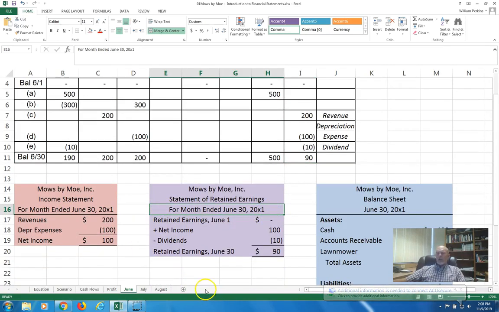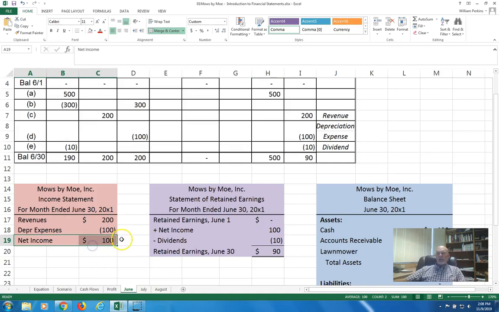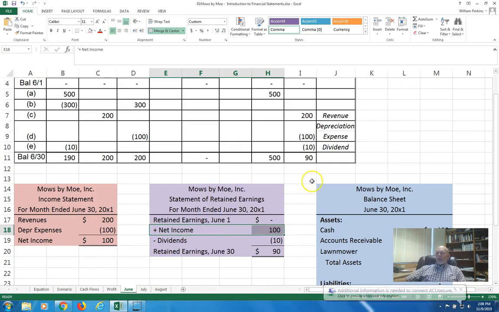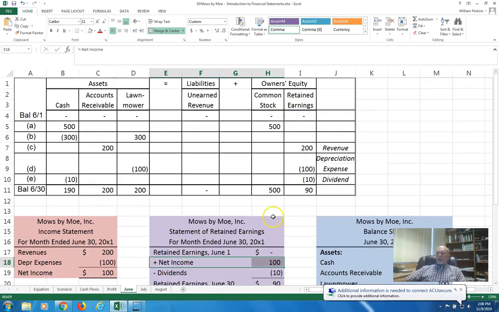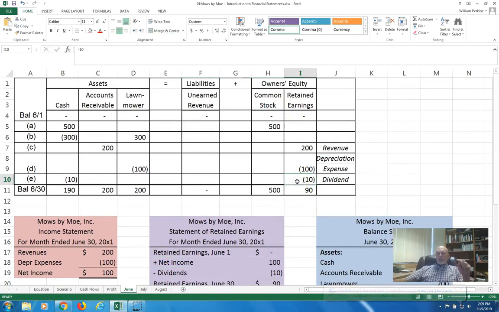The formula for the statement of retained earnings is our beginning balance of retained earnings, and then add the net income, which we've already calculated on the income statement, so that net income is added to the statement of retained earnings. And then the only other thing up here in the retained earnings column would be the dividends. Dividends is not an expense of running the business.